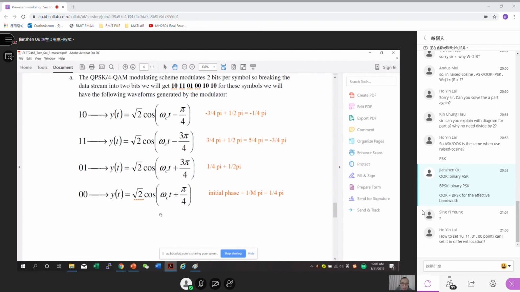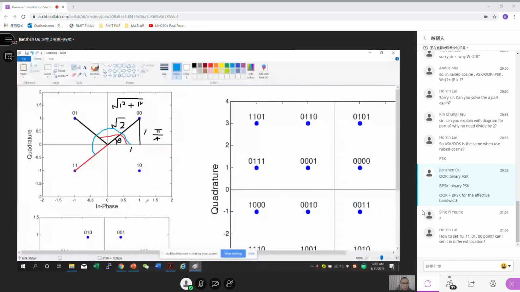Okay, then for 1, 0, which is the last one. Again, you can see the magnitude is the same, no change. And then the angle is all the way from here to here.